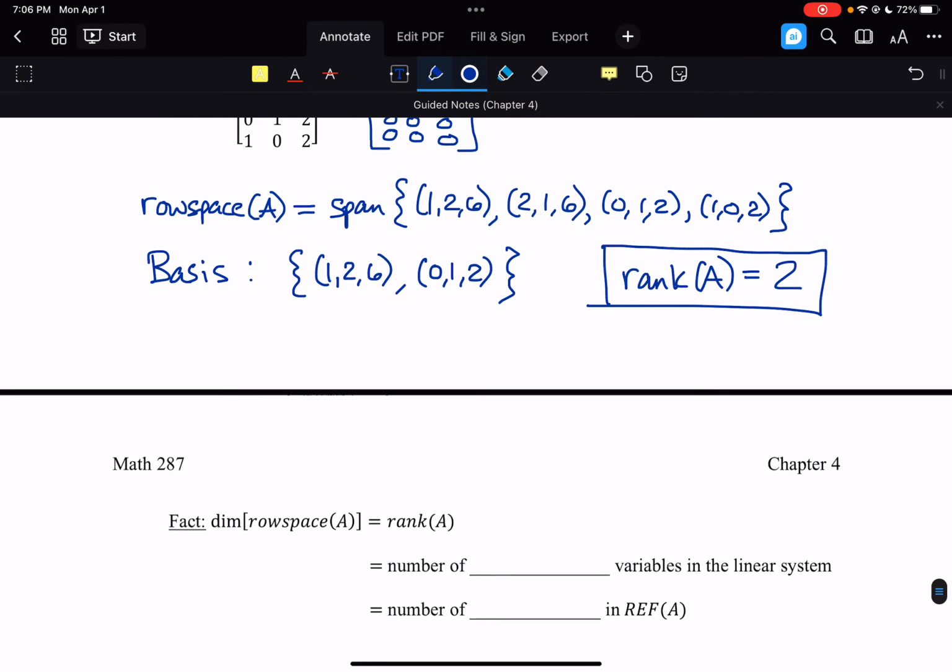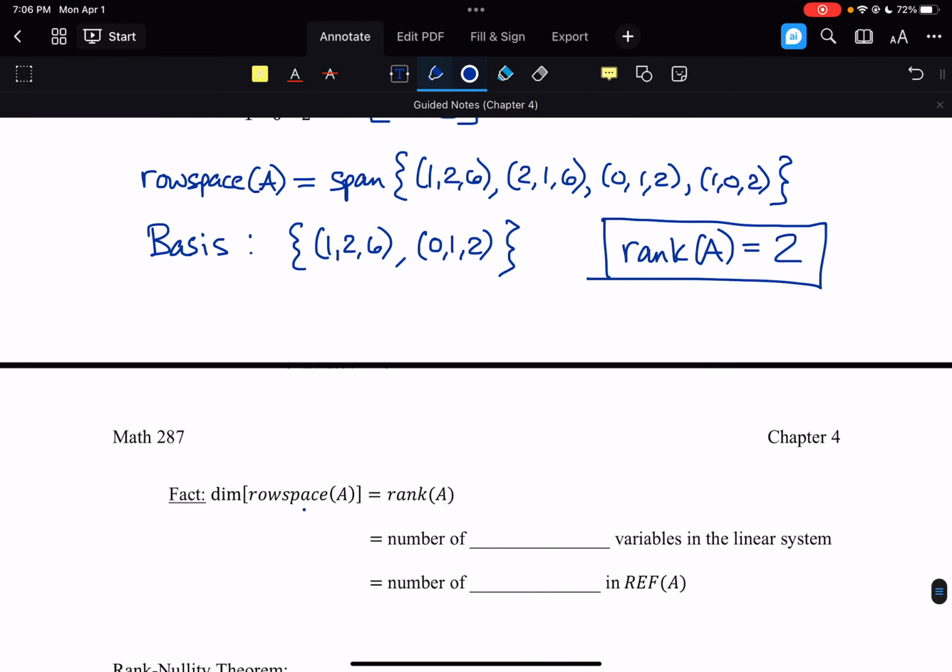And the same idea here: the dimension of the row space is the rank of A. This corresponds to the number of leading variables, so not free variables, but the leading variables, which corresponds to the number of pivots in row echelon form. Right, and we always said that the rank of a matrix was the number of pivots, or leading variables.